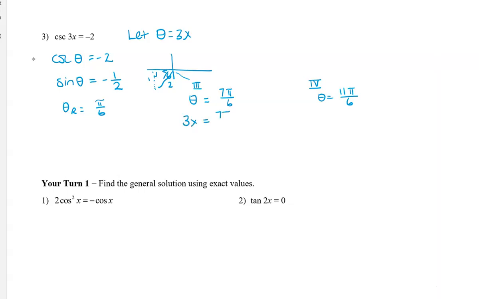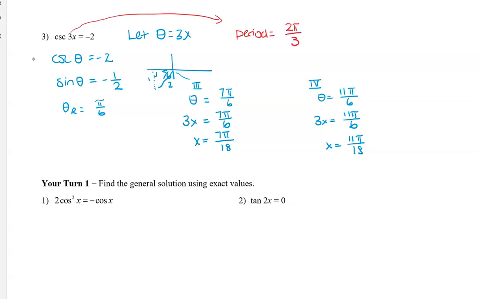So 3x equals 7 pi/6. 3x equals 11 pi/6. So now we have x equals 7 pi over 18, and x equals 11 pi over 18. Now remember that we are solving for the general solution, so we need to add the period because that's how often these angles will repeat. Now we can see that from here, the b value is 3, so that means that the period is equal to 2 pi divided by 3.